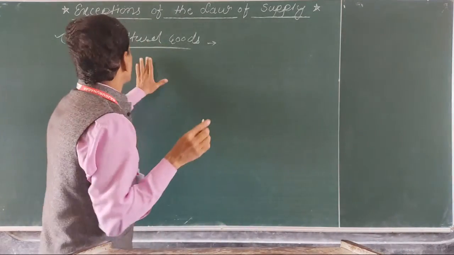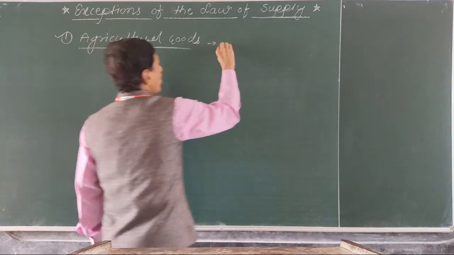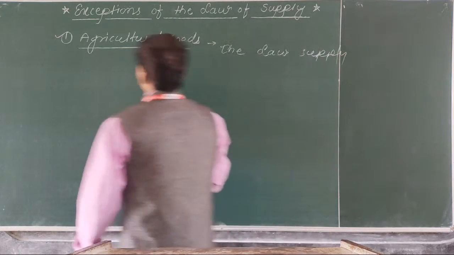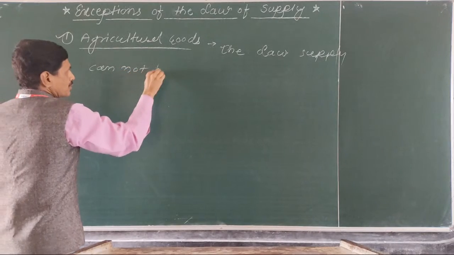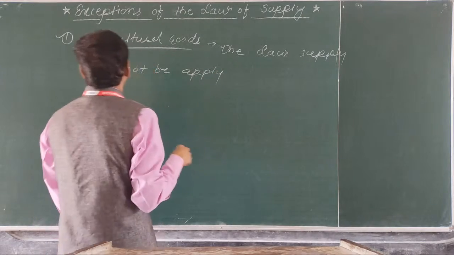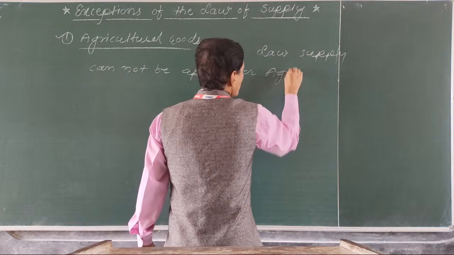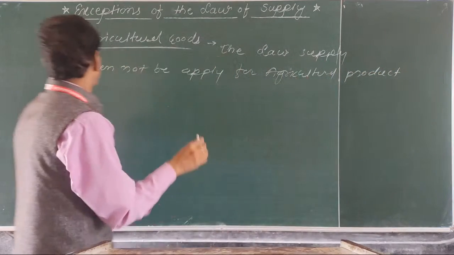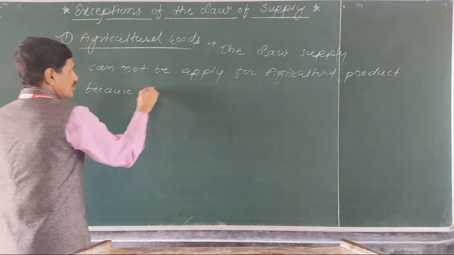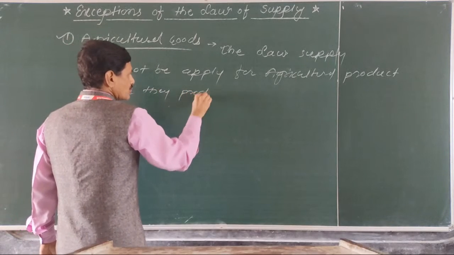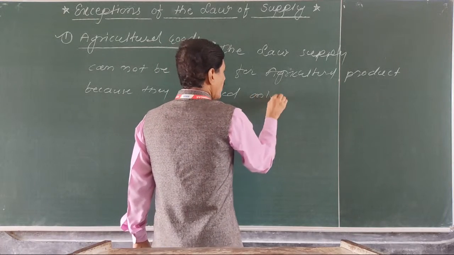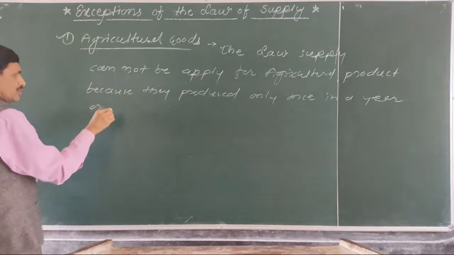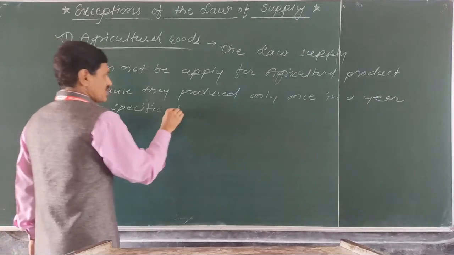So what is the main meaning? The law of supply cannot be applied for agricultural products or goods because they produce only once in a year or in specific seasons.